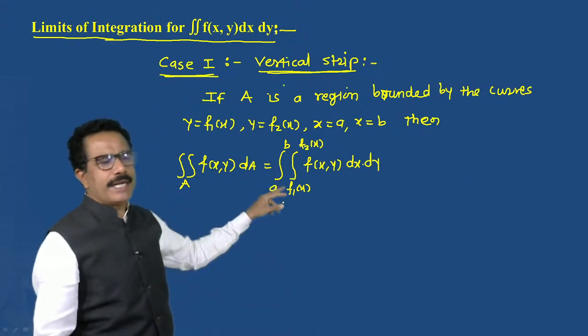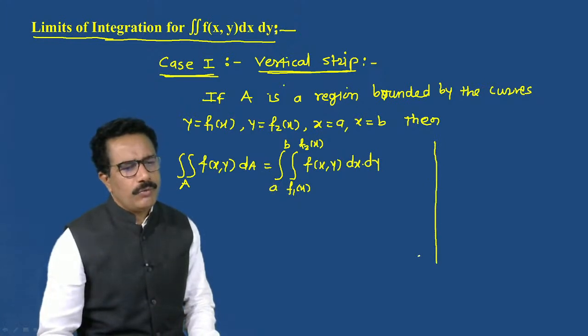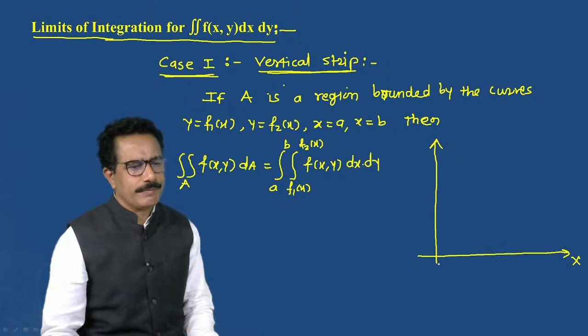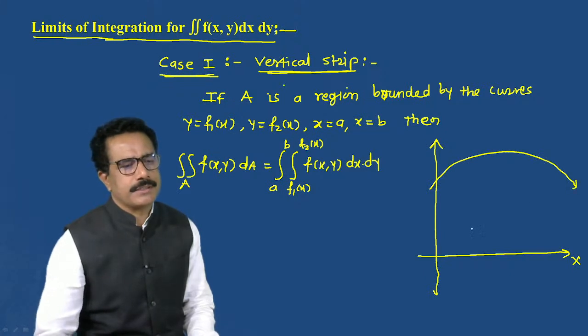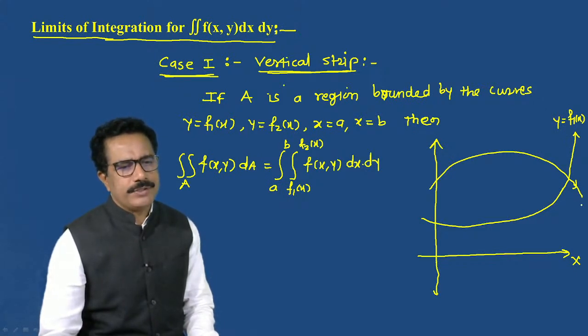So how we can write the limit? See this, suppose we have to calculate the area bounded by the region. Suppose this is f of x, whatever it may be. Suppose this is a, we consider f1 of x, y equals f1 of x, and we consider another function y equals f2 of x.